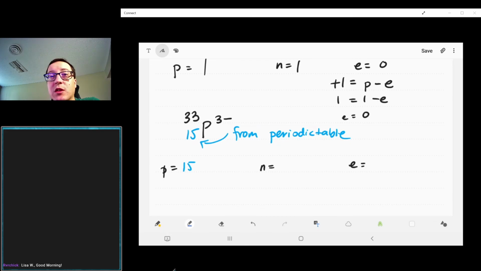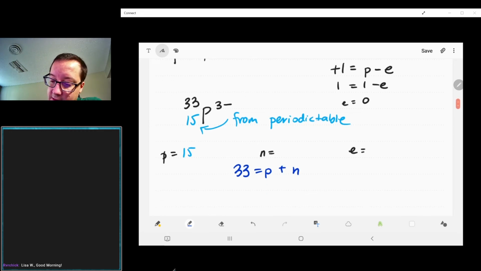And hopefully we should know to use the 33 to figure out our neutrons. So 33 is our mass number. That's protons plus neutrons. And so that's going to tell us that 33 equals 15 plus our neutrons. So our neutrons will equal 18. Hooray.